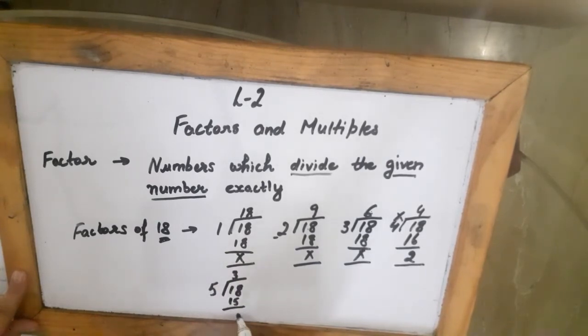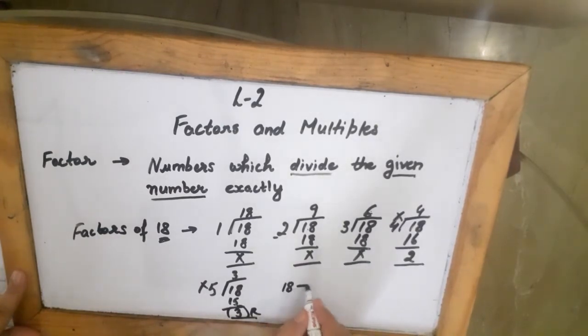Again I'm left with the remainder 3. So does 5 divide 18 exactly? No, because I'm left with a remainder. So it means that 5 is not a factor of 18 because it does not divide 18 exactly.